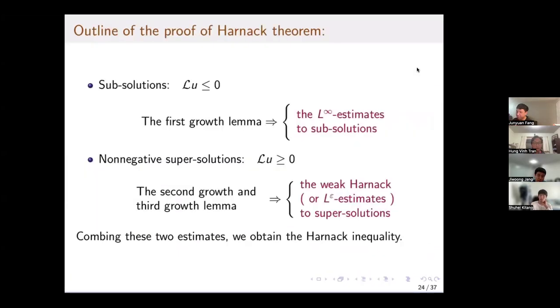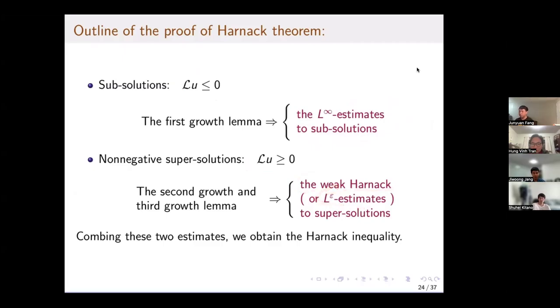I don't have much time, but let me show the outline of the Harnack theorem. For the classical way, one standard way to prove Harnack is to consider two sides. The first one is to consider the subsolution, where you have the L infinity estimate for the subsolution, and at the same time you consider the supersolution, where you have the so-called weak Harnack or L epsilon estimate.